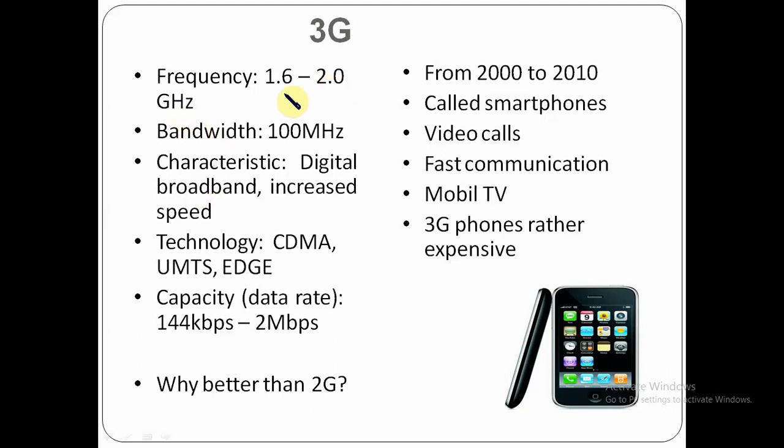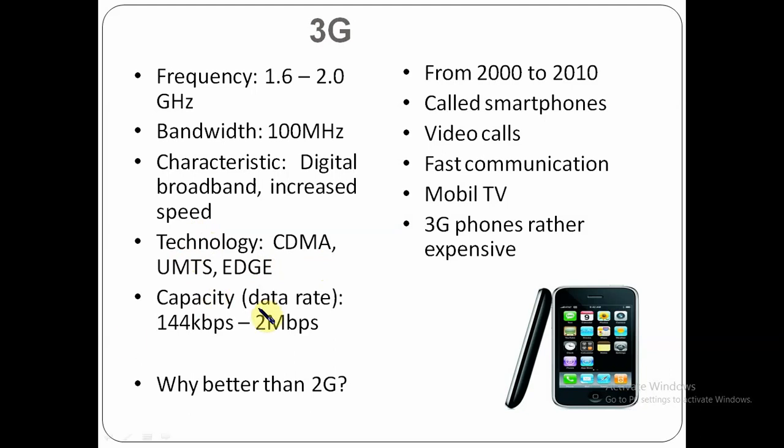Here are the details. Frequency is 1.6 to 2 GHz. Bandwidth is 100 MHz. The characteristics are digital broadband and increased speeds. The technology is CDMA, that is code division multiple access, UMTS, and EDGE technology.